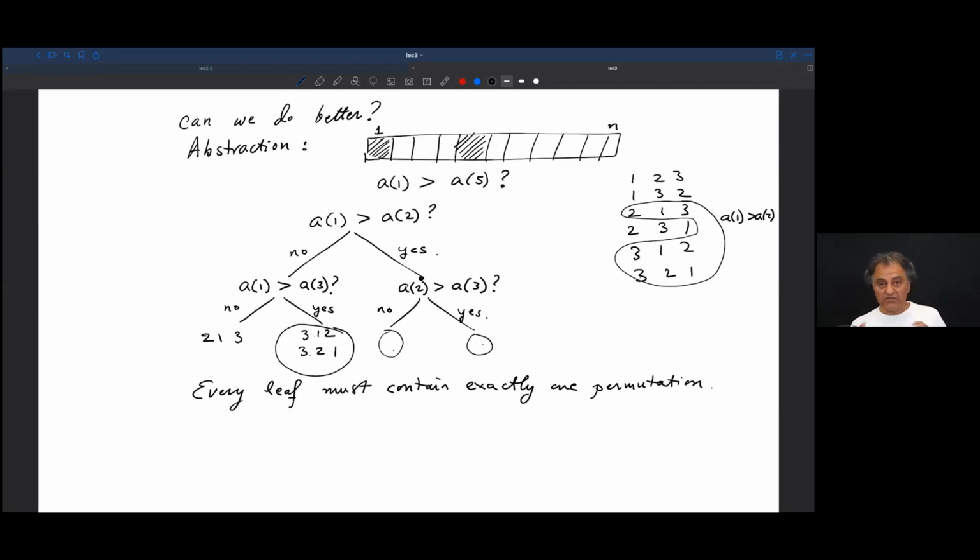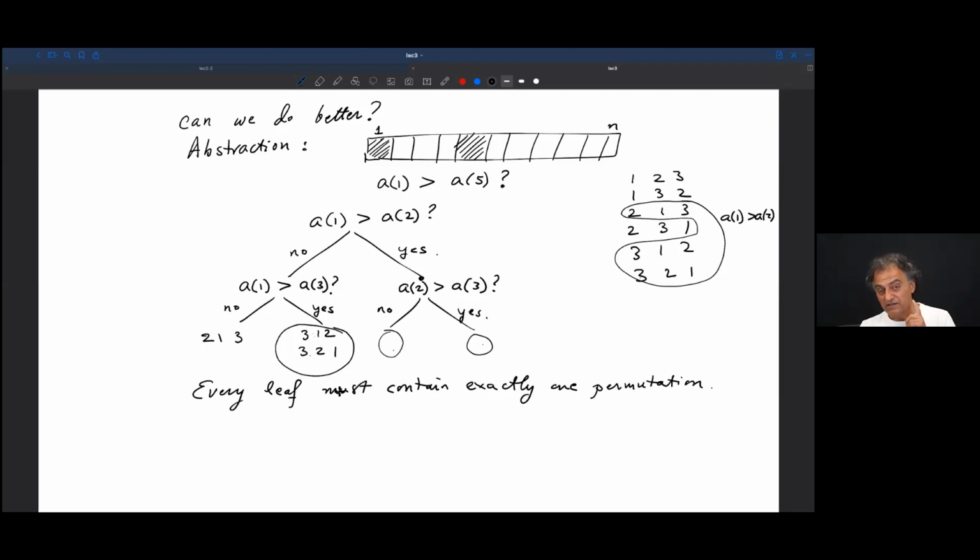Okay, so let me back up and say what we are doing here. First we said we are going to be in this comparison model. All we can do is comparisons. Then we said any algorithm in this comparison model can be written as a tree, and any execution of this algorithm can be written as a path from the root to a leaf of the tree.